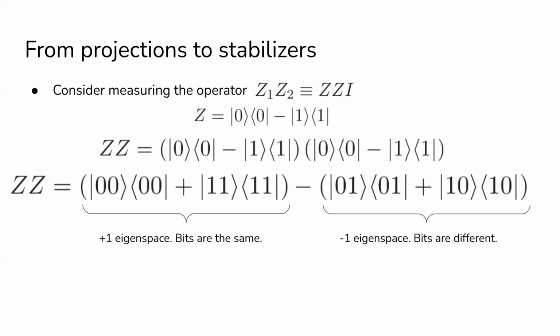So what does that mean? I'm thinking of the two bits in the kets, and here, for example, they're different. Here they're different. Here they're the same, and here they're the same. So if I measure Pauli Z, this product Z tensor Z, then I'll get a +1 or a -1, two outcomes. And from that, I'll know whether the bits were the same or different.